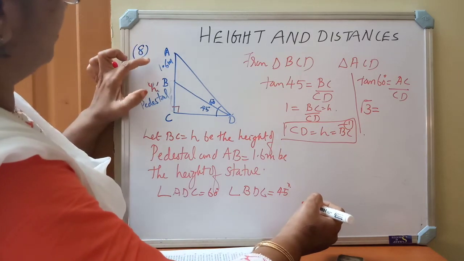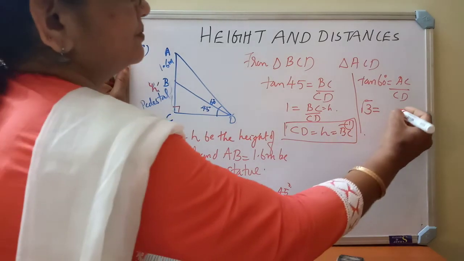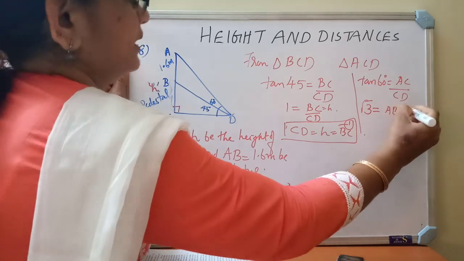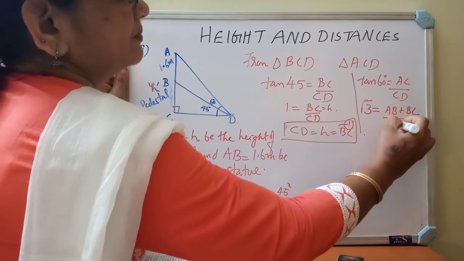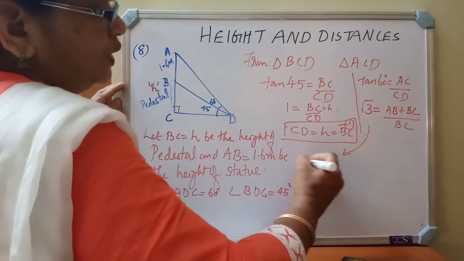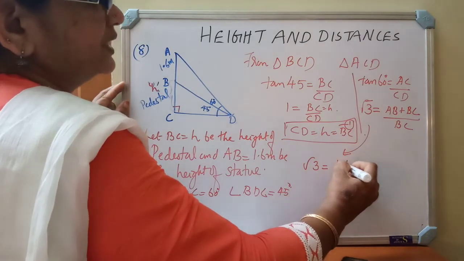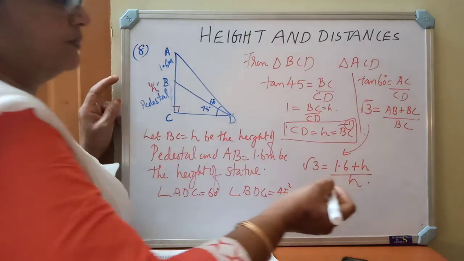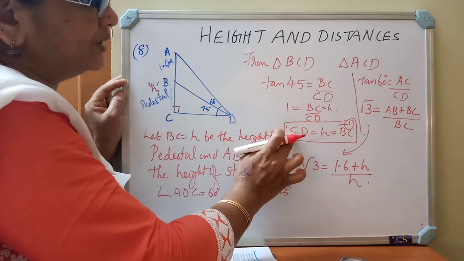AC means AB plus BC, that is 1.6 plus H, divided by CD, which is same as BC. So root 3 is equal to 1.6 plus H divided by H. Understood? Because BC is CD, that is equal to H.